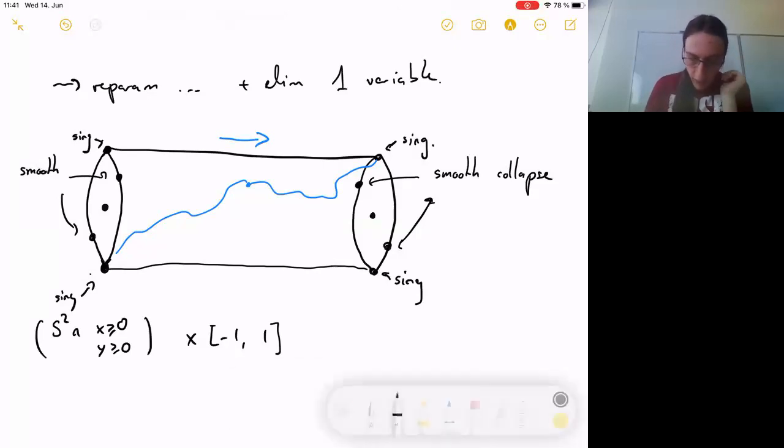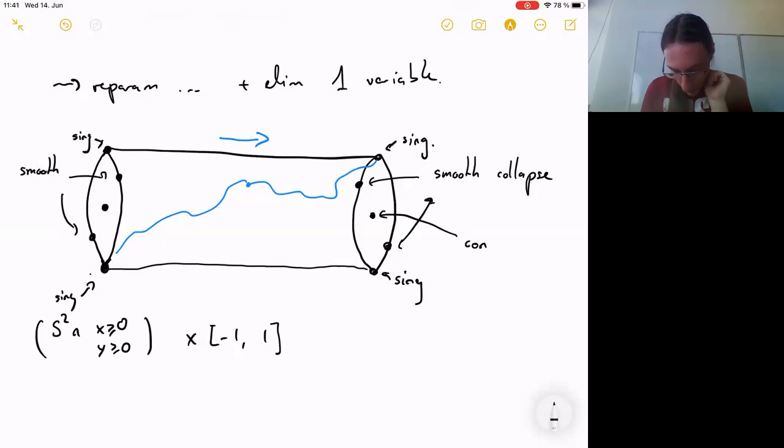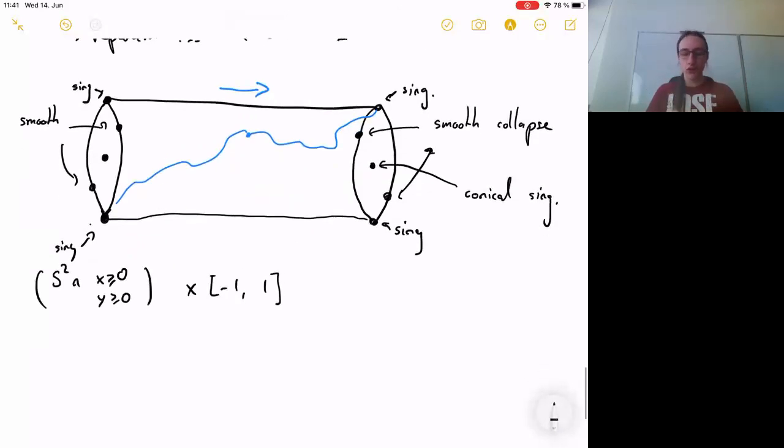And this point here in the middle, which will play a pretty big role, this is what we call a conical singularity. So this corresponds to the kind of singularity you get if you just take your G round plus G round. This is a metric on the principal orbit.